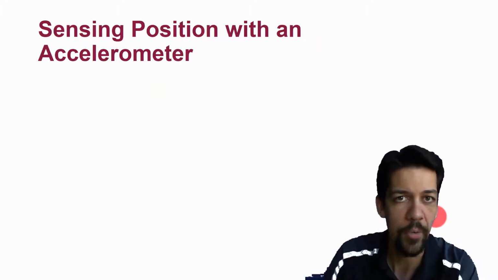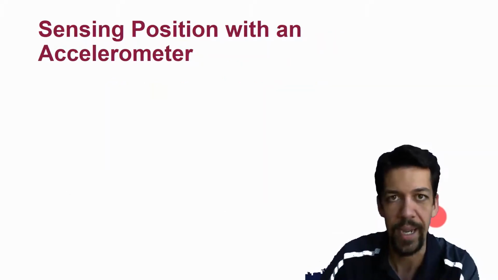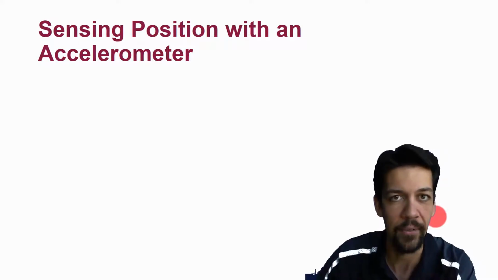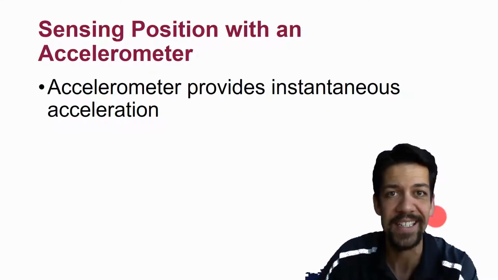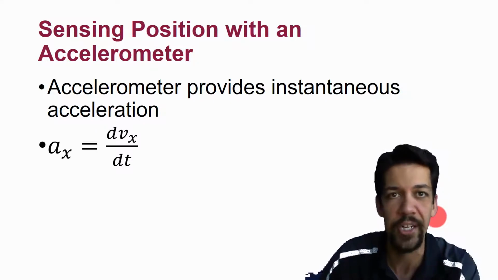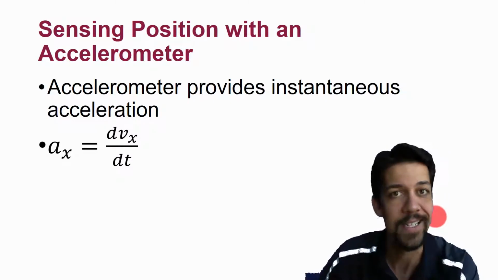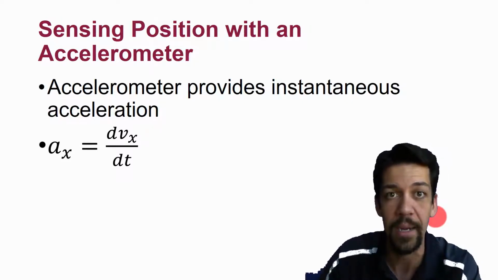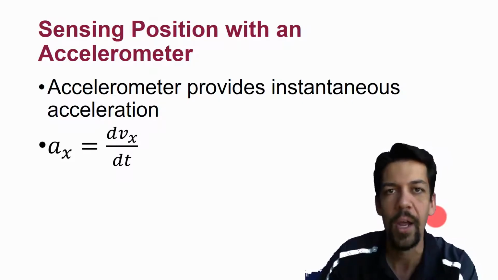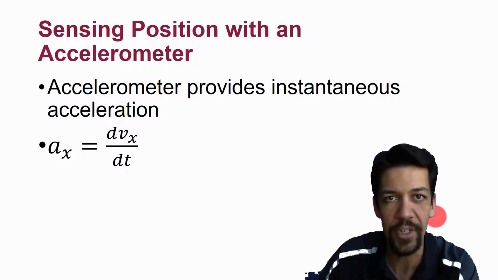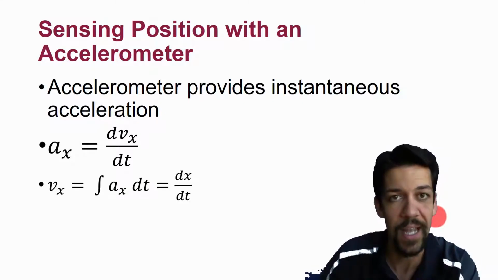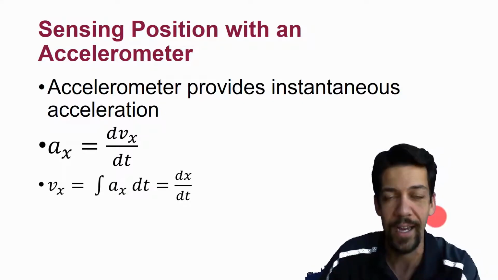An accelerometer works very similarly, except we have to do an extra step. An accelerometer measures the instantaneous acceleration of a reference frame. And acceleration is the change in velocity over time. That's not what we're looking for. We're trying to get position out of this. So we need to integrate our acceleration over time to get our velocity. And velocity is the change in position over time.